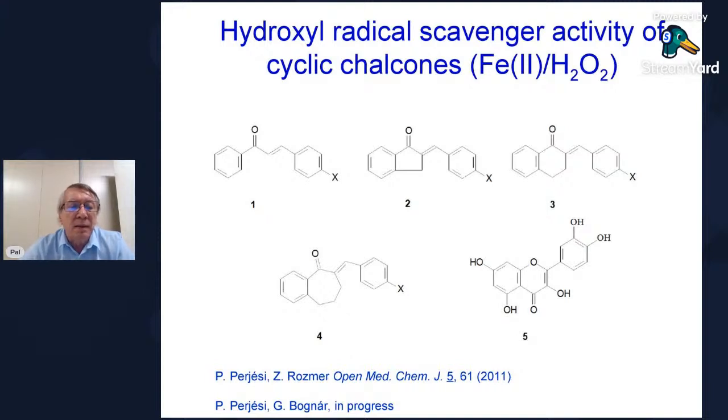In our own experiments, we investigated the hydroxyl substituted derivatives of the open chain chalcone and the 5-membered ring, 6-membered ring, and 7-membered ring analogs of chalcones, and compared them with the known natural antioxidant quercetin.